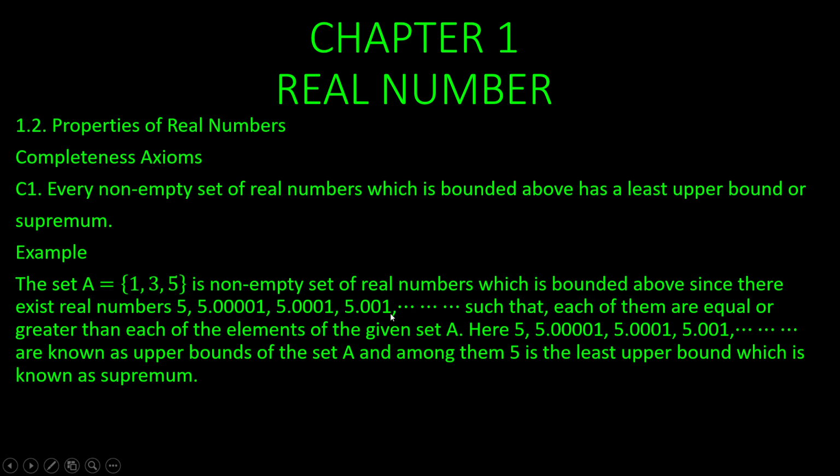So here obviously we find some real numbers, for example 5, 5.0001, 5.001, etc. Each of those real numbers is equal or greater than each of the elements of the set A. So we can say that the set is bounded above and those real numbers are known as the upper bounds.